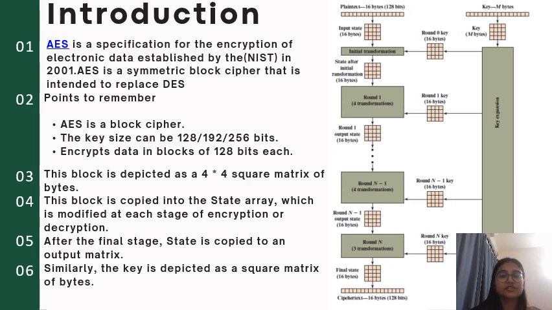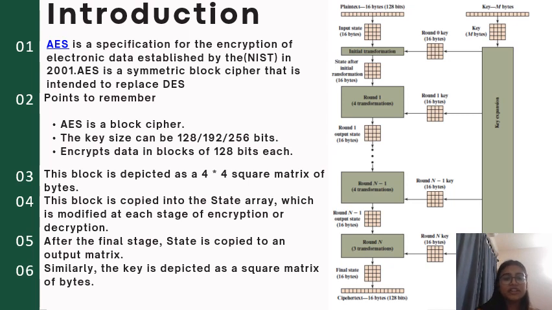We have 4 transformations in each round, and at the end we have round n, which has 3 transformations. Now this n depends on the number of bits a key has. If it's 128 bits, we'll have 10 rounds. If it's 192 bits, we'll have 12, and if it's 256 bits, we'll have 14 rounds.